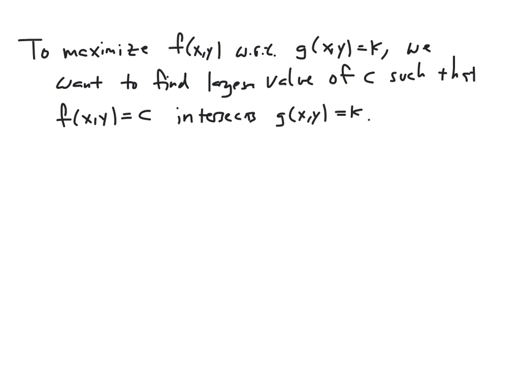And that's what we did in the pictures. We had all these level curves, for 7, 8, 9, and 10. And we saw that the level curve for 9 just touched the curve g(x,y) = k at that one point. Any level curve further out, towards the level curve of 10, would not intersect at all. And so as we observed in that graph, this appears to happen when the curves just touch each other.